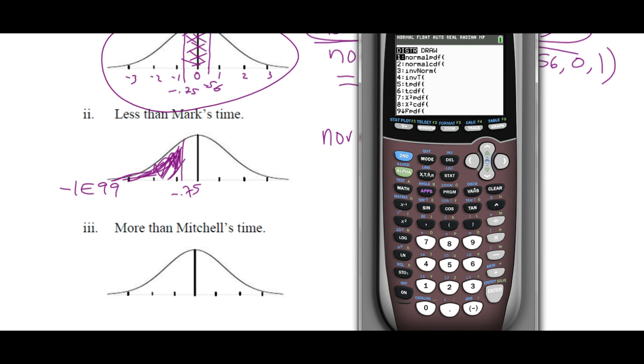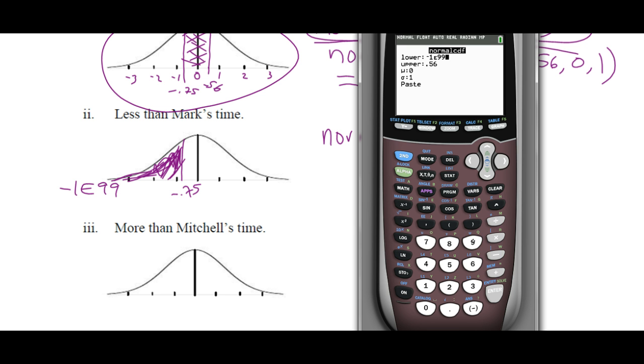Second bars into the distribution, number 2, normal CDF, lower. So it's just going to go back to what I had. You go negative 1, E. The E is second function, comma. Second function and the comma gives you the E, and you put 99.